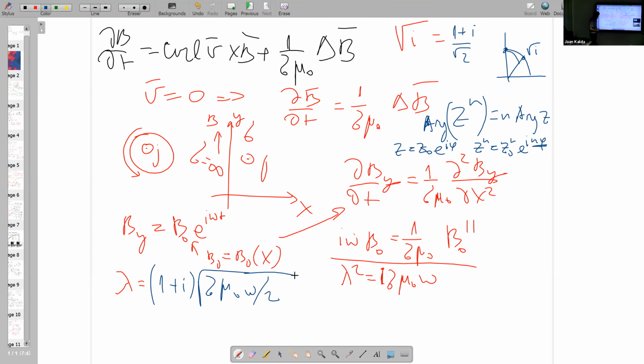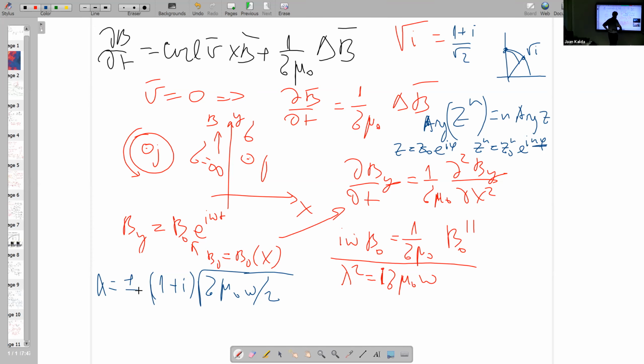And of course, plus minus. Now, what does it mean? Let's try to write down the solution now.